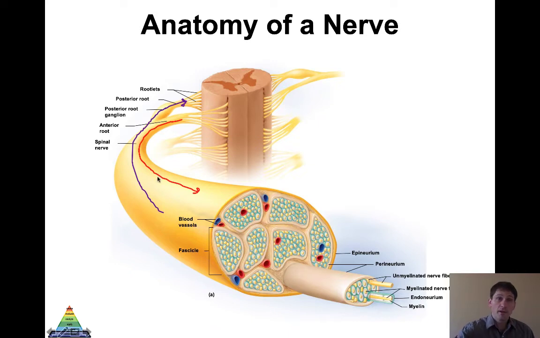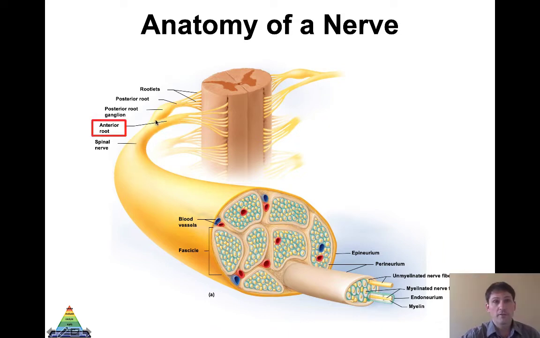Now remember, information is being transmitted back to the spinal cord in this spinal nerve, but motor information is being transmitted out to our effectors. So information is going back and forth through these different bundles. As you can see here, there's this split in that spinal nerve.